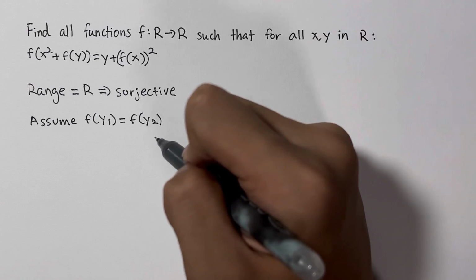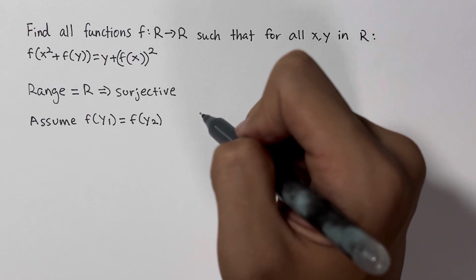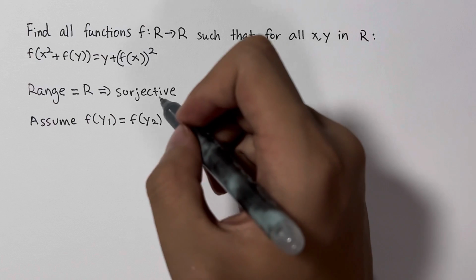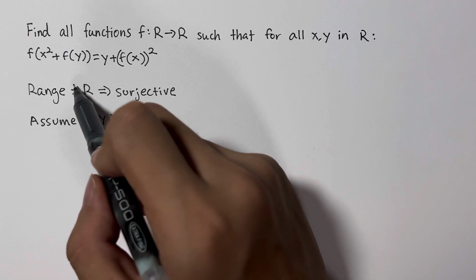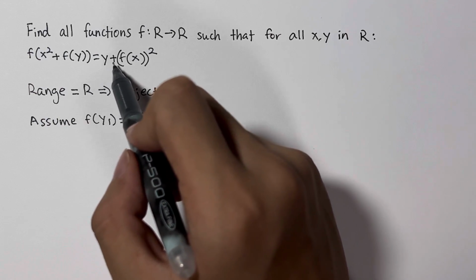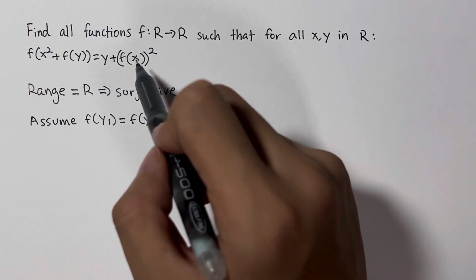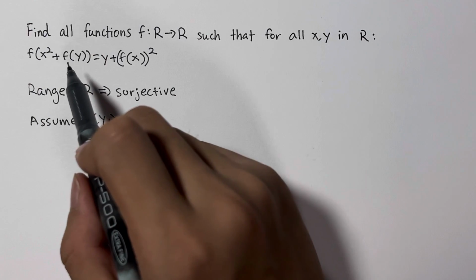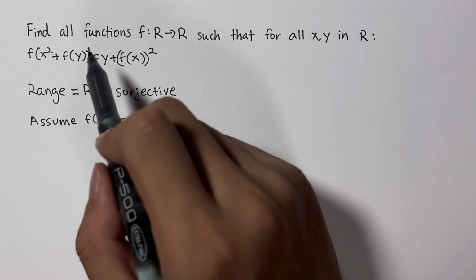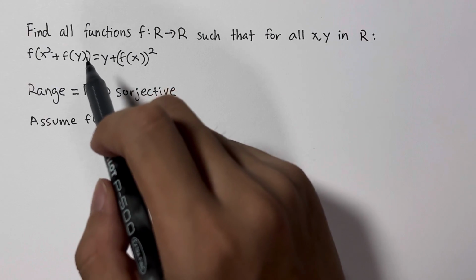Let's assume that first. So from the original equation, we have f of (x squared plus f of y1) equals y1 plus (f of x) squared, and f of (x squared plus f of y2) equals y2 plus (f of x) squared. Now, since f of y1 equals f of y2, the left-hand sides of these two equations are identical. Therefore, the right-hand sides must also be equal.